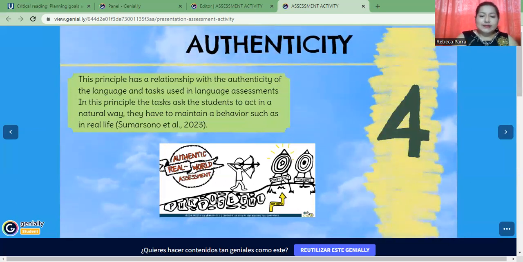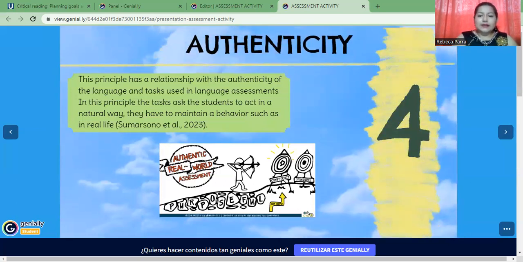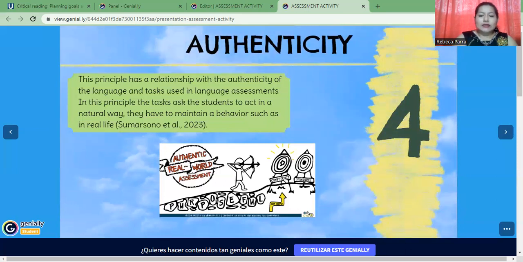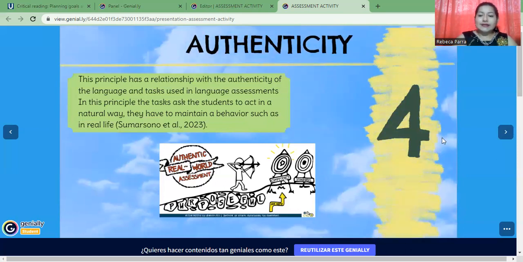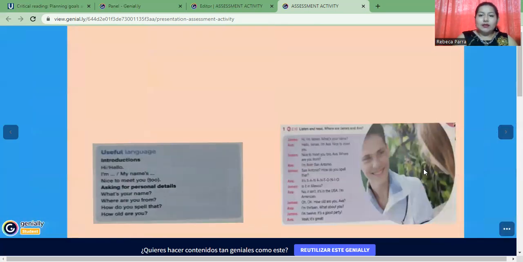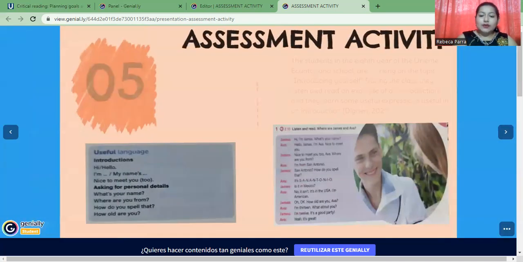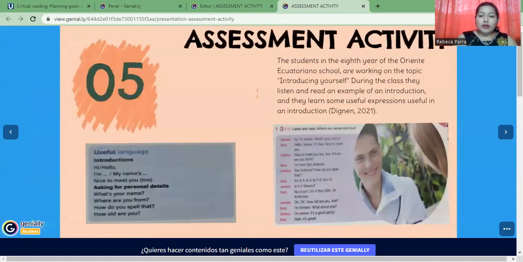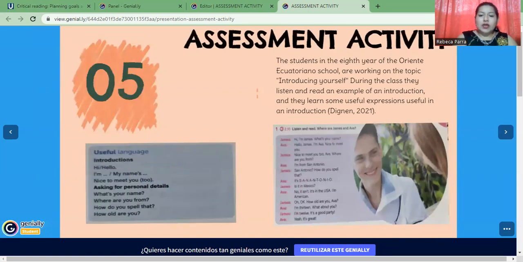Now, for understanding these concepts in a practical way, I would like to show an assessment activity that helps to understand these principles better. I am going to develop this activity in my classroom with students in the 8th year of a public school.